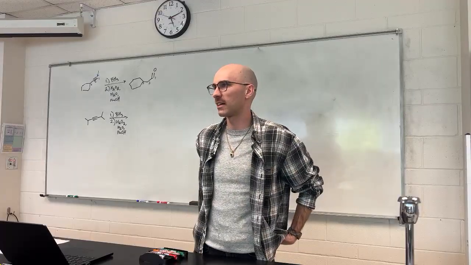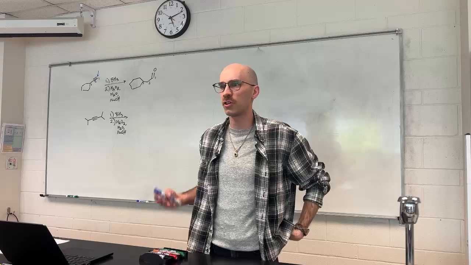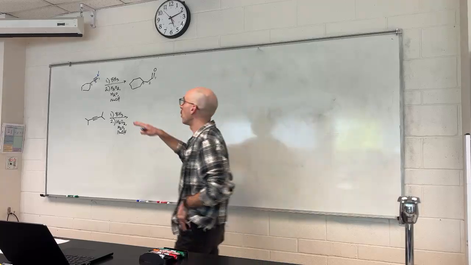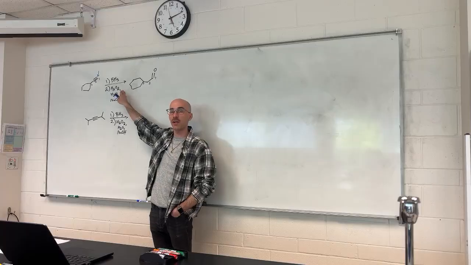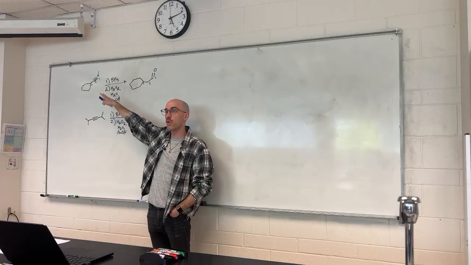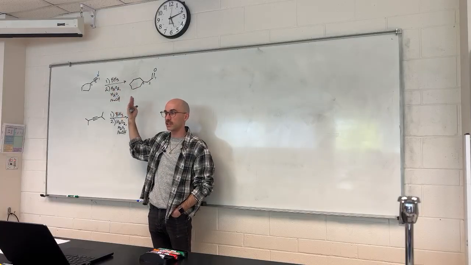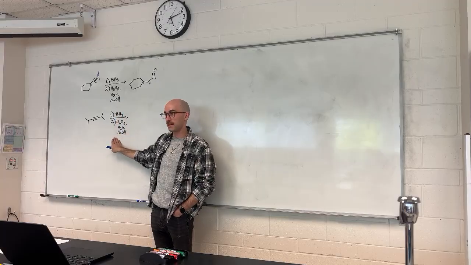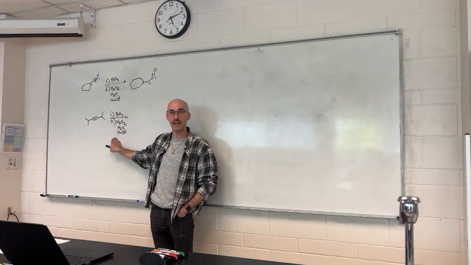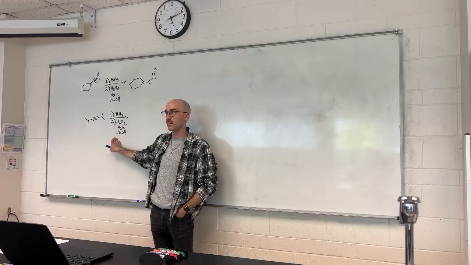I can't make an aldehyde, can I? There's no terminal carbon. I know that this is an anti-Markovnikov hydration. I know that it will add hydrogen to the more substituted carbon and oxygen to the less. But this does not have a more substituted and less substituted carbon.